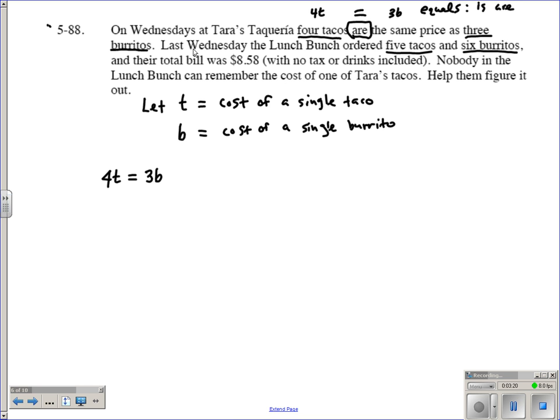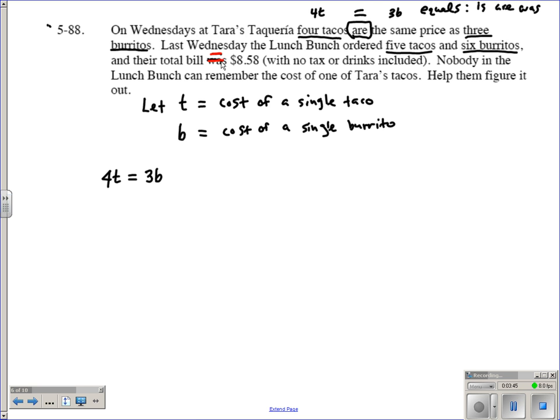Let's read the next sentence. It works exactly the same way. Last Wednesday, the lunch bunch ordered 5 tacos and 6 burritos. And their bill was, well, "was" is like "is," right? Or "are," or equals. So the total bill equals $8.58. There's where our equals sign comes in. Let's change the color so it stands out.